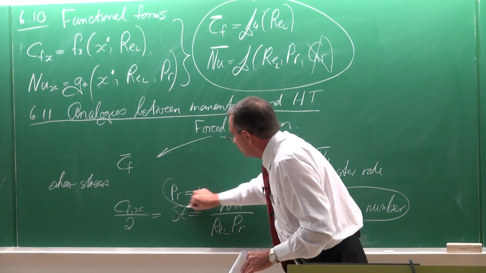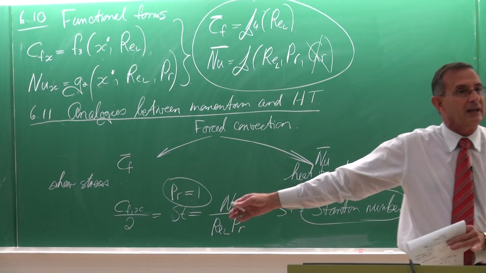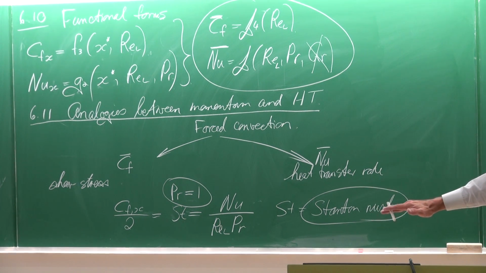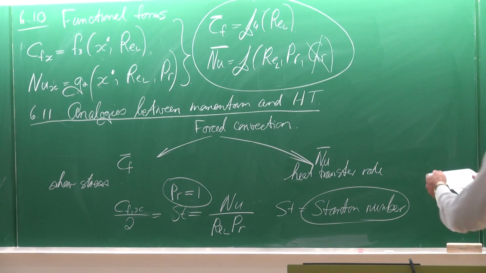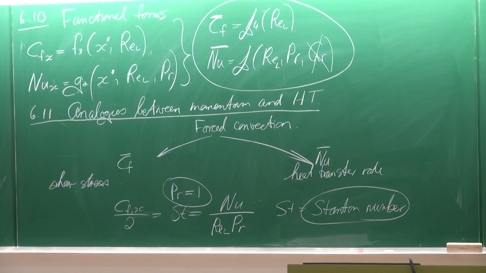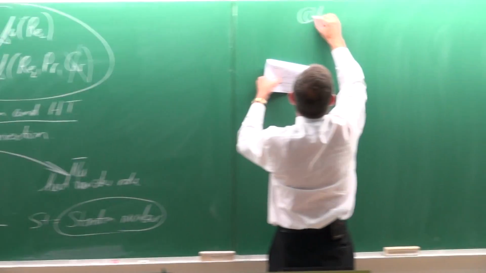Now it is true that all gases or fluids do not have a Prandtl number equal to 1, and for that other derivations were done by other people. All the details are not shown in your textbook.